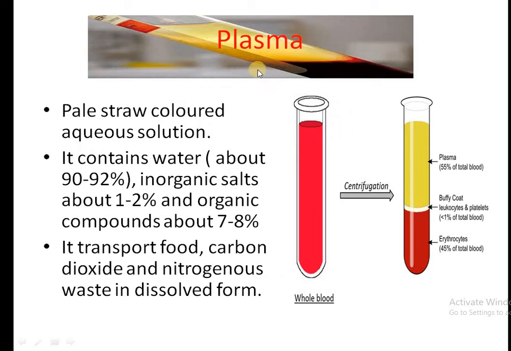Now, what is plasma? When you take whole blood and centrifuge it, it gets separated into two components. Here you can see this pale straw colored aqueous solution is known as plasma. It is about 55% of total blood and the rest is your blood cells, white blood cells, erythrocytes and the platelets.